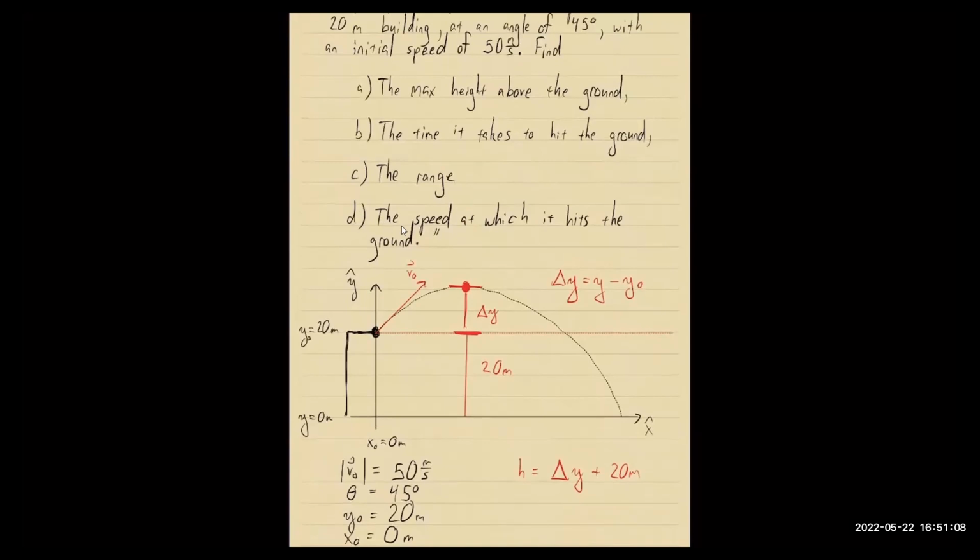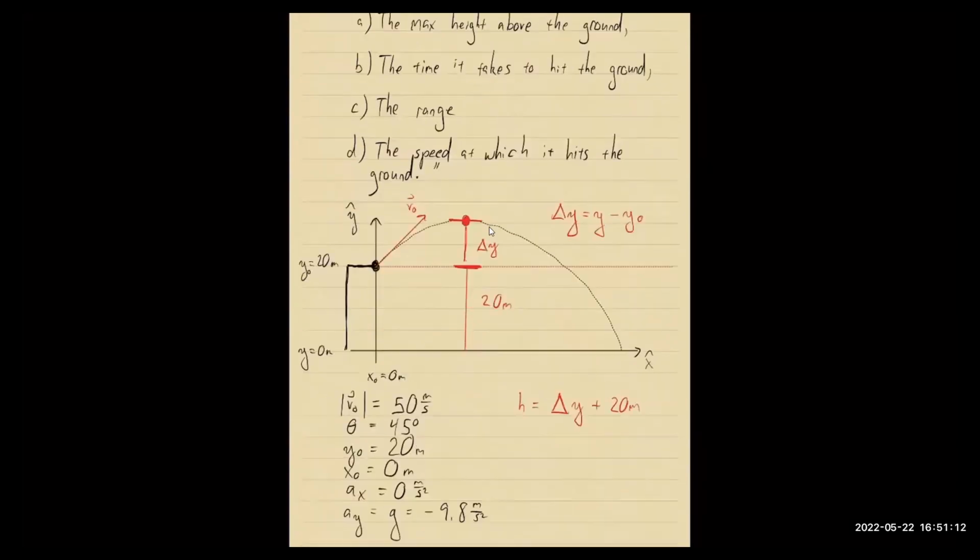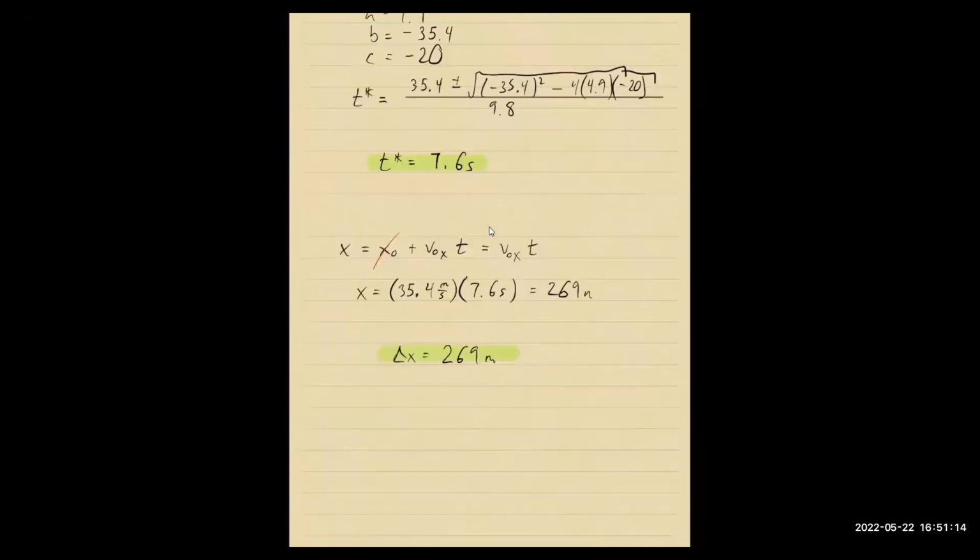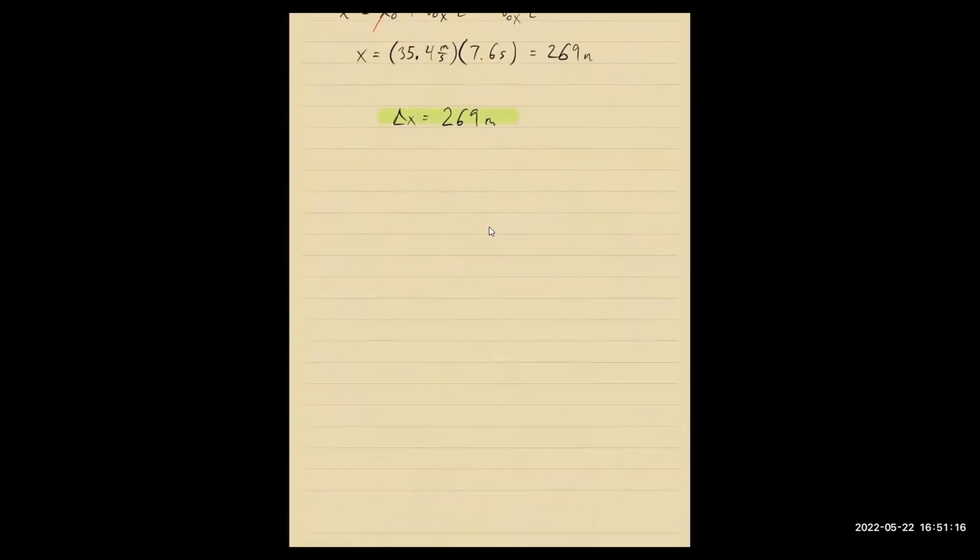Now part D says it wants us to figure out the speed at which it hits the ground. The speed with which the ball hits the ground is given by the magnitude of the velocity vector just before it hits the ground.